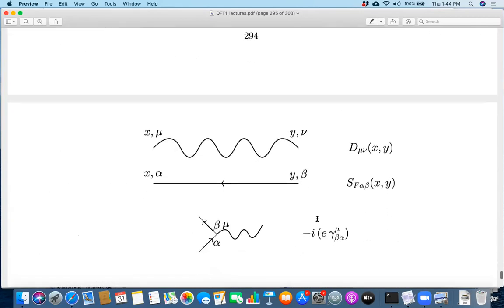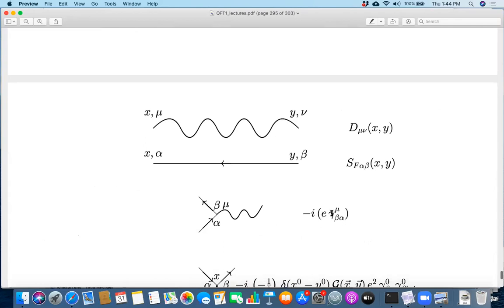So you have a gamma mu. The gamma mu, remember, was psi bar gamma mu psi. So the beta index should refer to psi bar, and the alpha index should refer to psi. And indeed, that is the convention I have followed, because the arrow always flows towards psi.